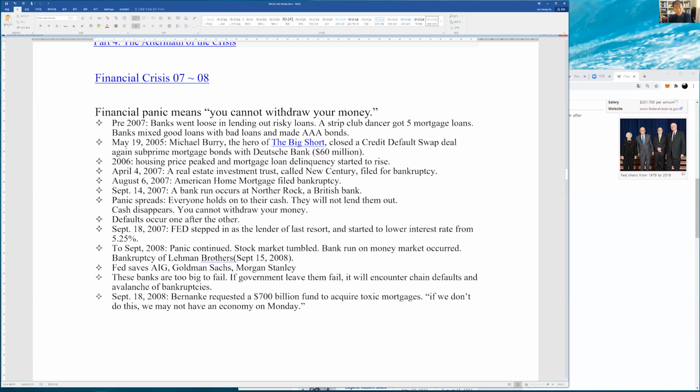He noticed that these subprime mortgage bonds had very bad loans included in them, and the expiration date was coming close, and he knew that within 1 or 2 years, this would create problems and financial panic. In such a case, the stock market would tumble, the mortgage market would be destroyed, and the banks who hold these securities would go bankrupt. He knew 2 years before it happened.